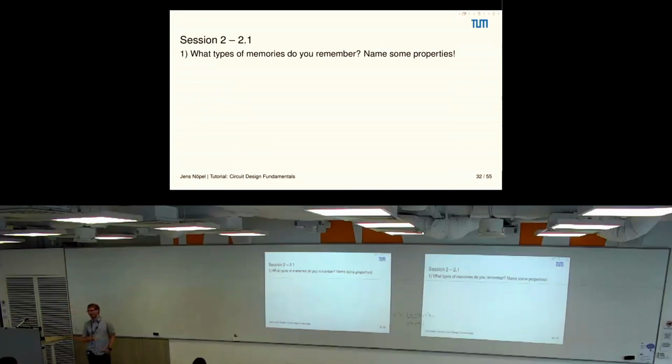Please also name some properties you remember of those memory types. I already heard DRAM, that's correct. I would say spend 3 minutes on it, and then we will continue.